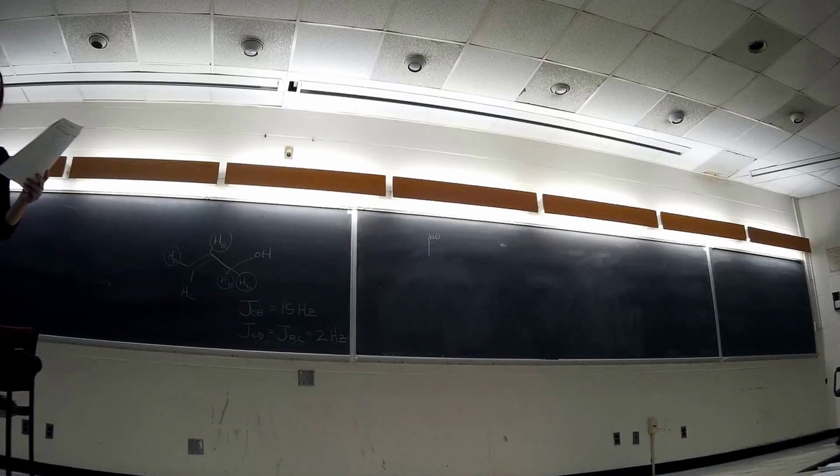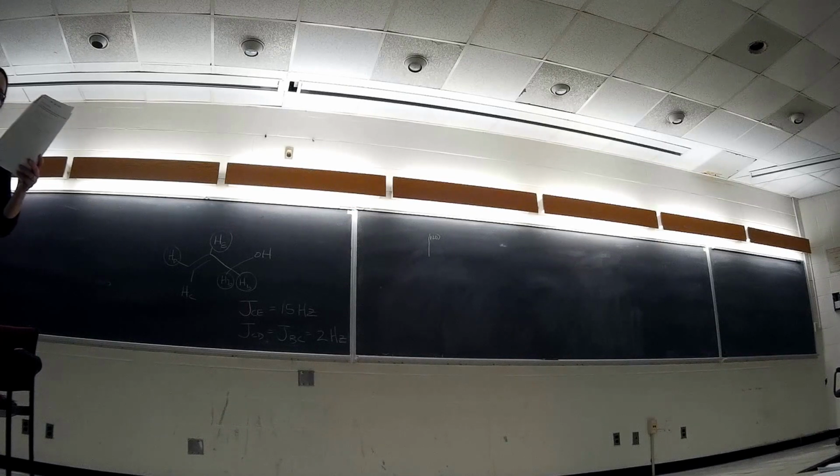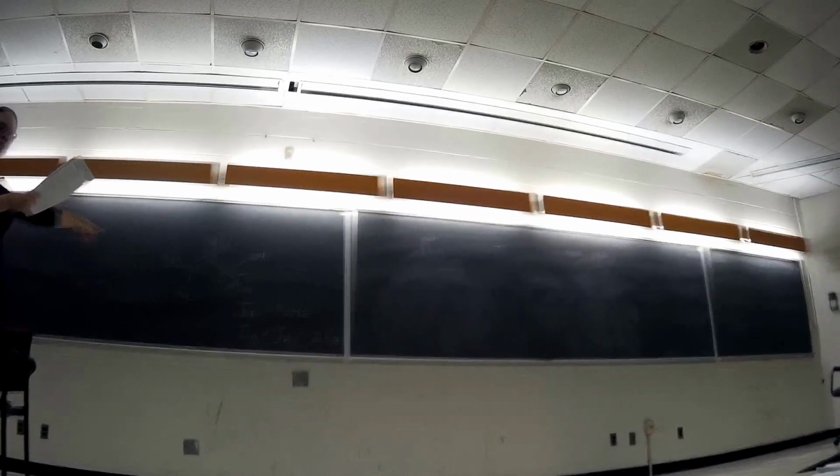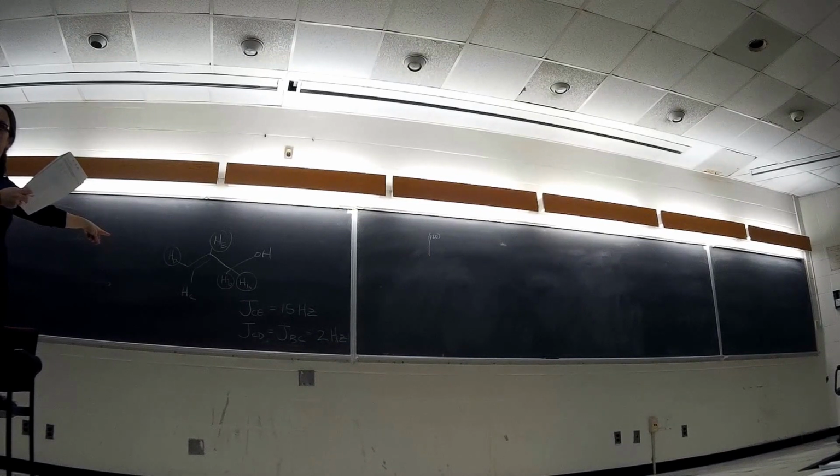So third line. Is everyone following along here? Thank you very much. The third line where it says JCE, this is right. JCE should be 15 hertz. Second line. The second one should not be CE. See on the far right there, the second line, that needs to be CD. Does everyone see that?